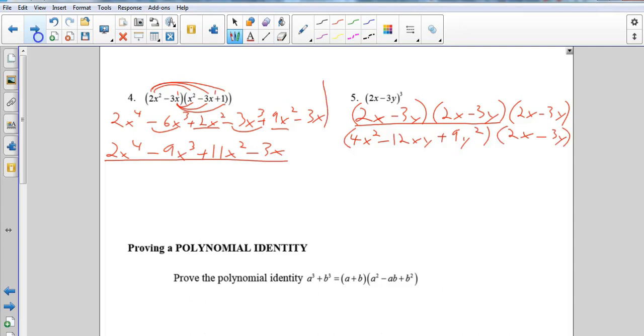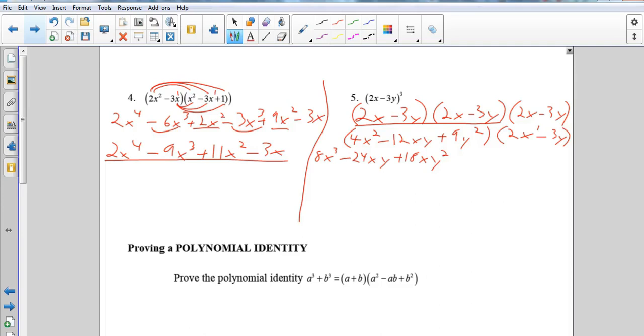So 2x times 4x squared is 8x cubed. 2x times negative 12xy is negative 24xy. 2x times 9y squared is plus 18xy squared. Now I'm going to send in negative 3y.